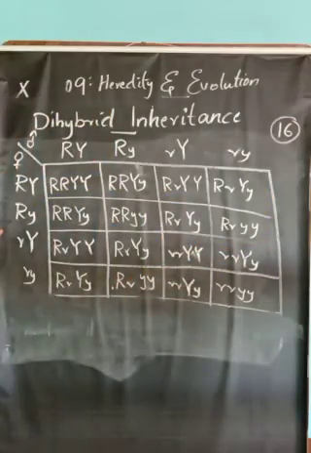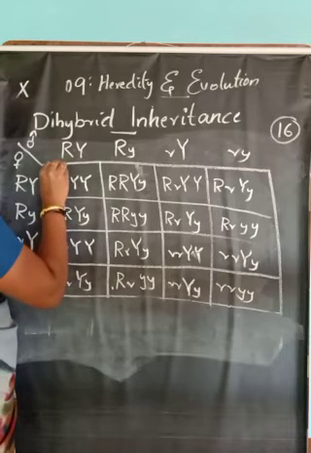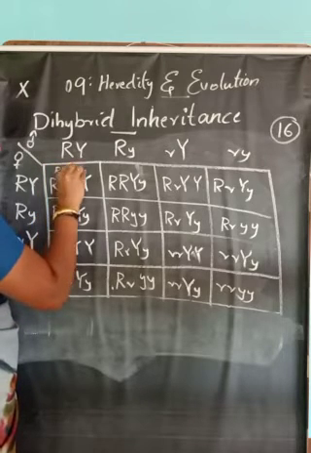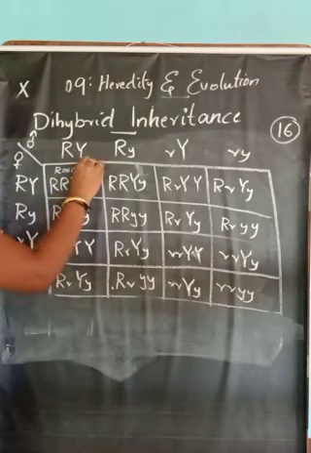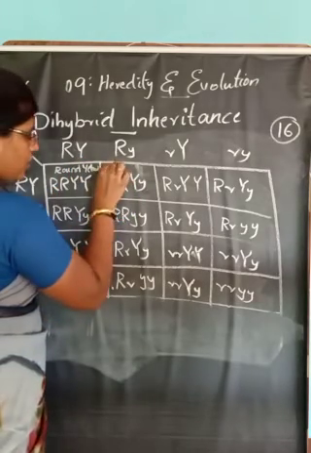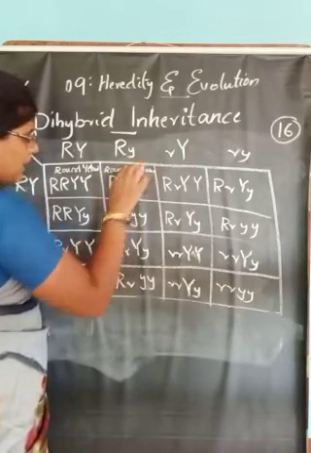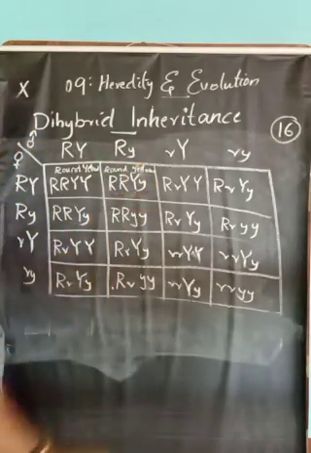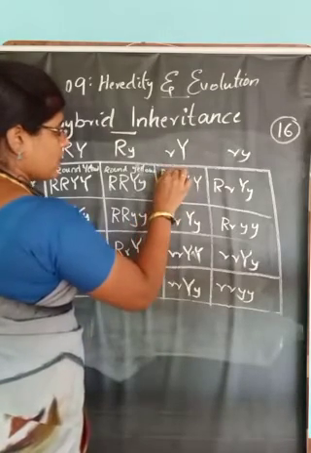Phenotypically, this is round yellow. Then this is also round yellow. Why? Because here capital R is there, capital Y is there, so obviously it will be round yellow.